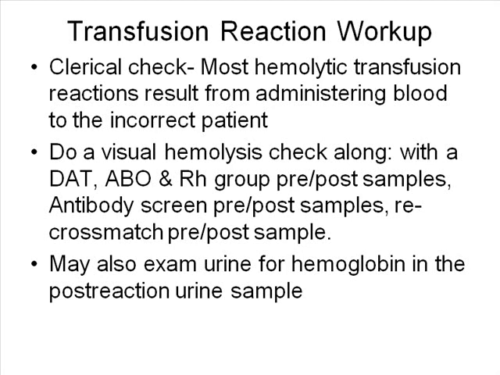So you want to repeat the pre-transfusion ABO, Rh, and DAT, and do the post-transfusion to make sure that they match. All right. And if that patient at Lawnwood had this done, that would have never occurred. They would have seen right away that it did not match.